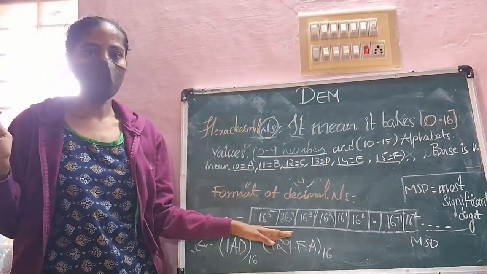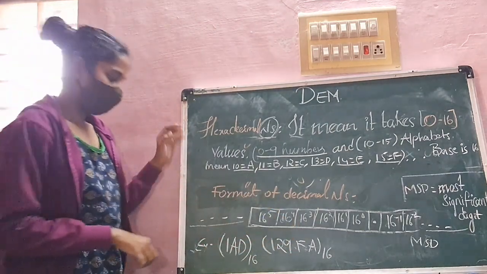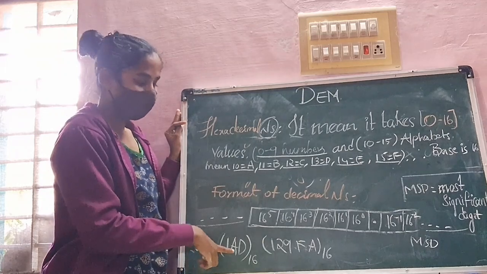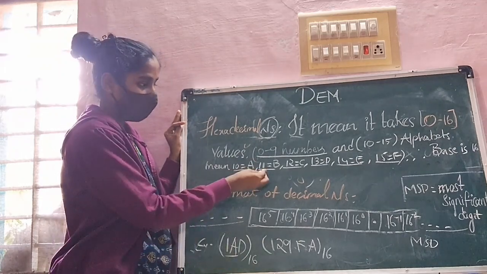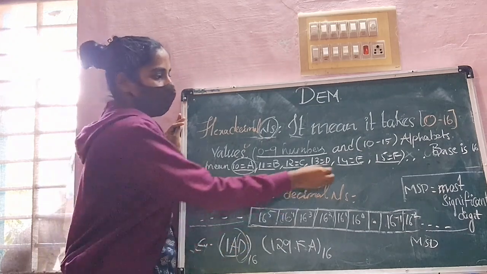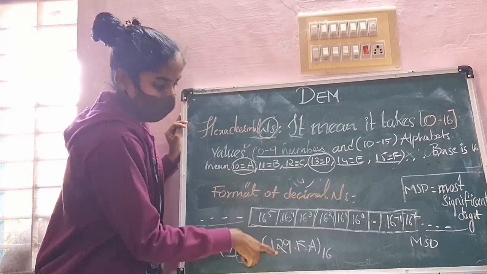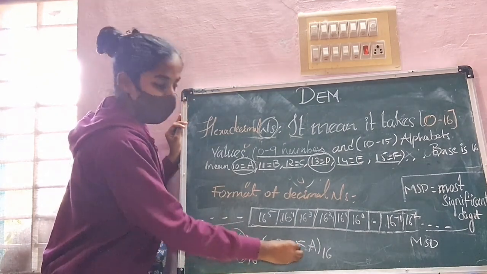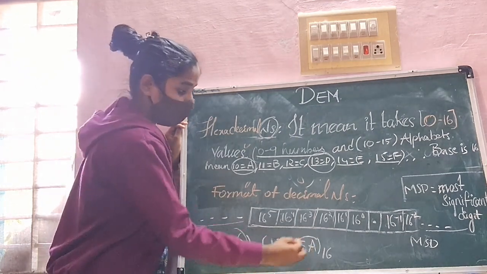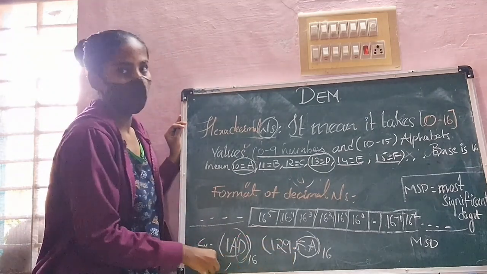And you have to write the format like this. You have seen it before. Now, example 1AD. A is 10, and D is 13. You can write with numbers, mentioning the dot, and you can write the alphabets too. I have given examples with dot and without dot.